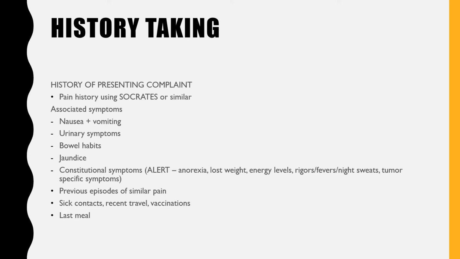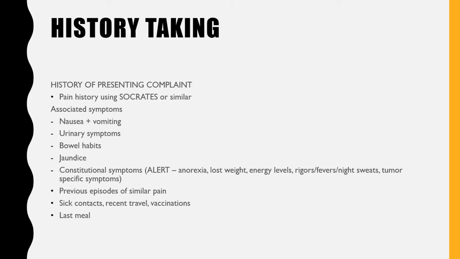So I use the mnemonic ALERT, so that includes anorexia, any loss of weight, energy levels being down, any fevers, so rigors or night sweats, and then tumour-specific symptoms. So for something gastrointestinal, we might be worried about bleeding in the stools, abdominal pain, jaundice, etc., things like that.